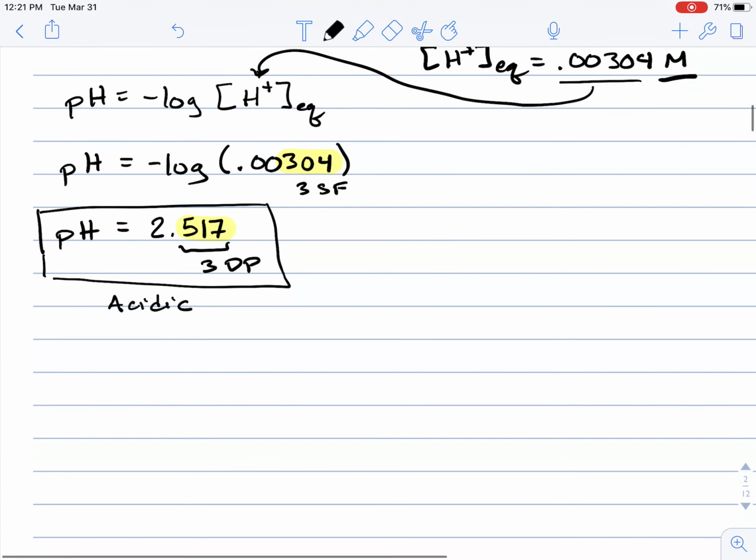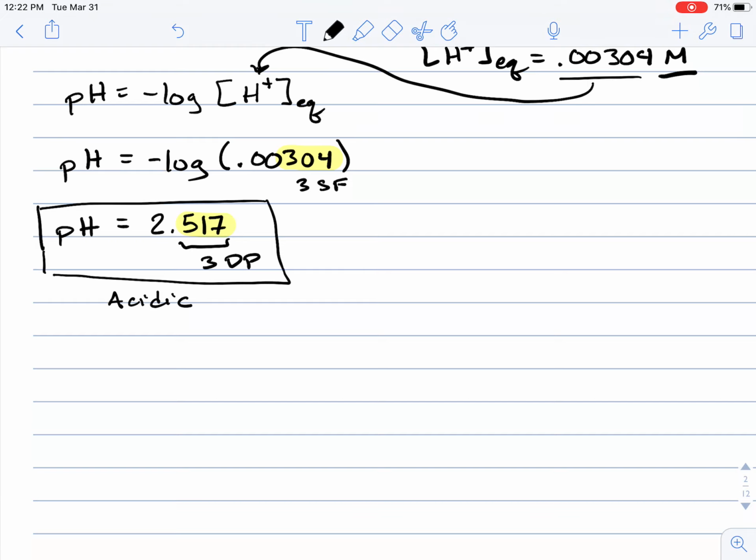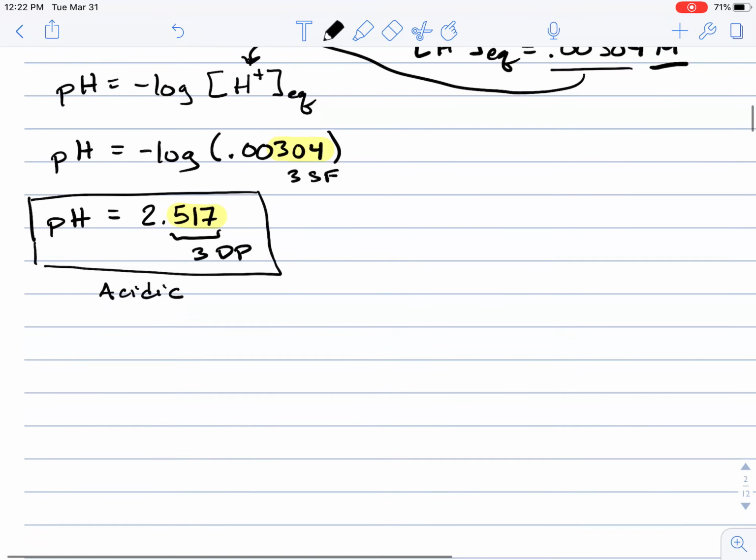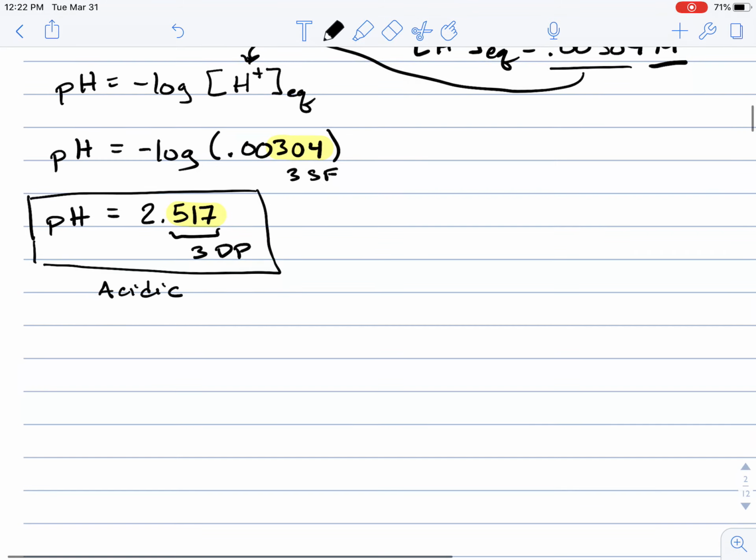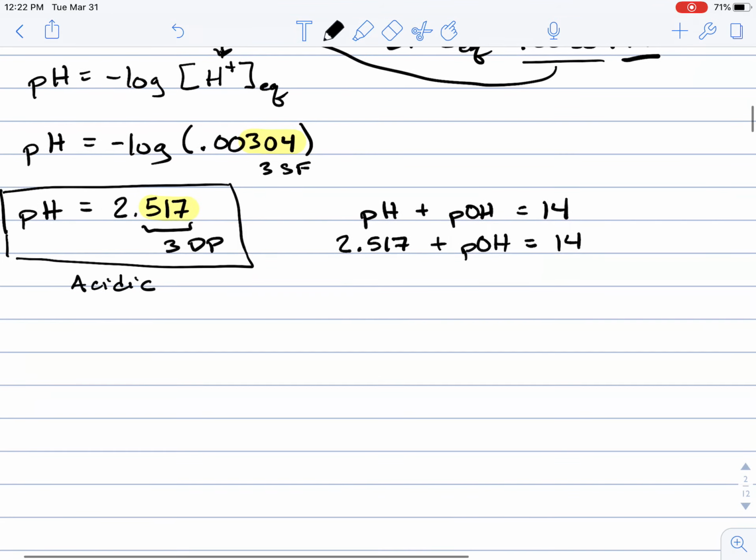I'm going to solve for the pOH and the concentration of hydroxide ions first, just because I'm already at pH. To do that, we're going to use this relationship: the pH plus pOH is equal to 14. If I plug in my pH value, that's 2.517, and represent the pOH as a variable, then I can subtract 2.517 on both sides.